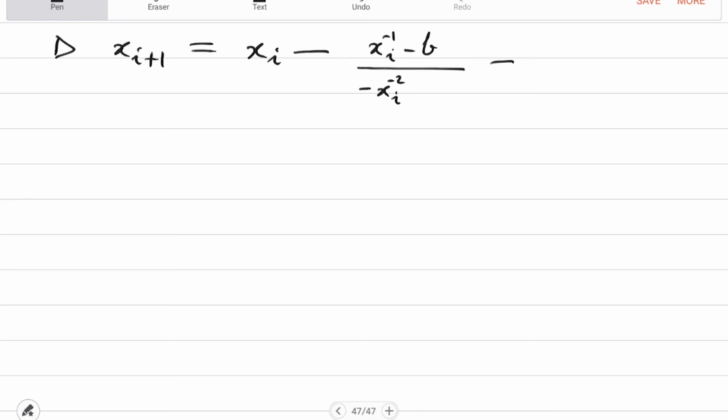So which is 2xi and then minus bxi square. This is what you get. So you have this is just multiplication. Division has been reduced to a sequence of multiplications. So that is big progress.